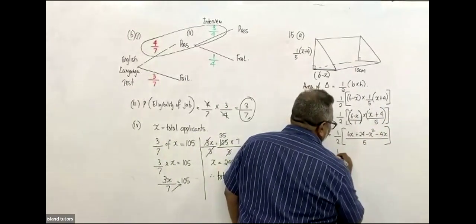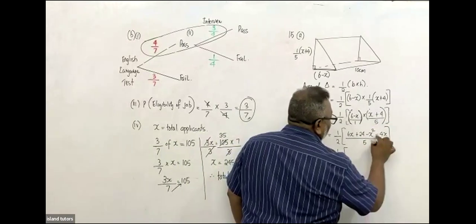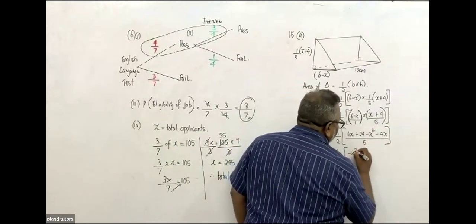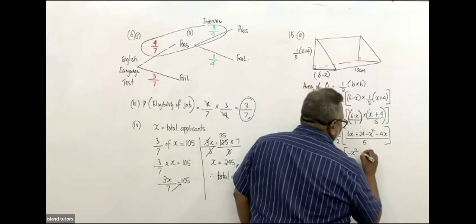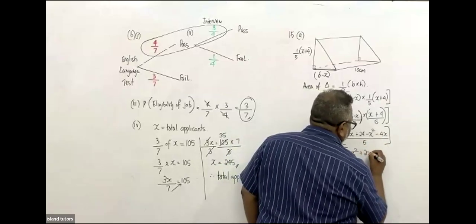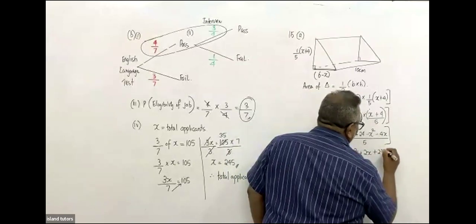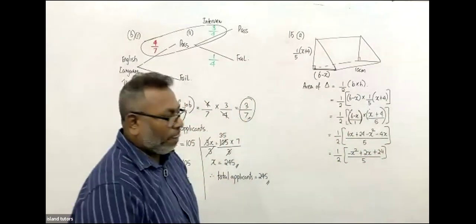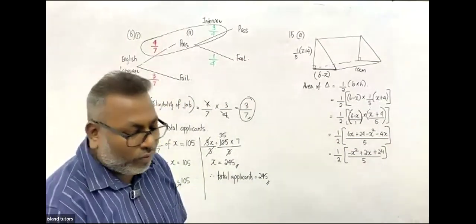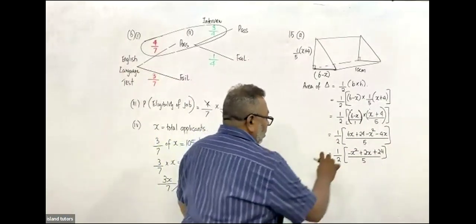So we'll rewrite this: 1 over 2 into minus x squared, 6x minus 4x is plus 2x, plus 24 over 5.